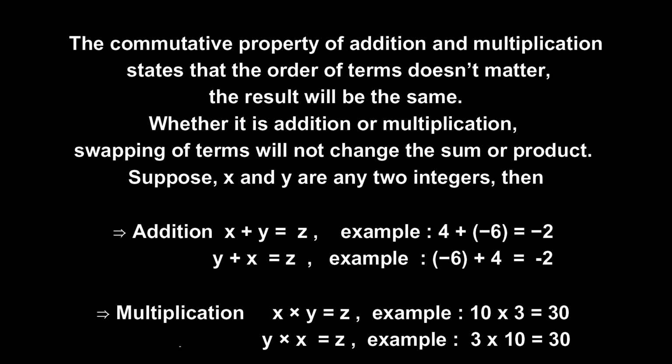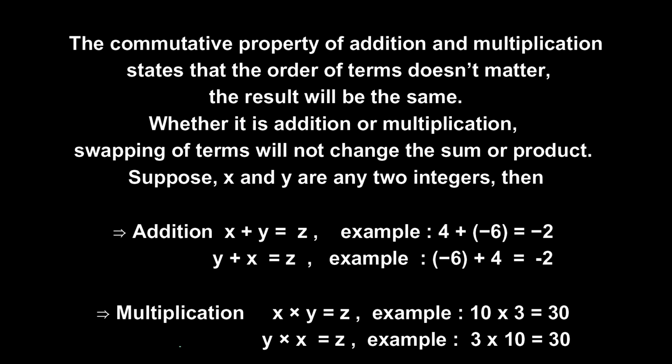The second example, minus 6 plus 4. Here first there is a negative sign and then a positive sign. Two different integers, one negative and the other positive. The same rule applies: when there are two different signs, first minus, then plus, minus plus is minus, then 6 minus 4 is 2.